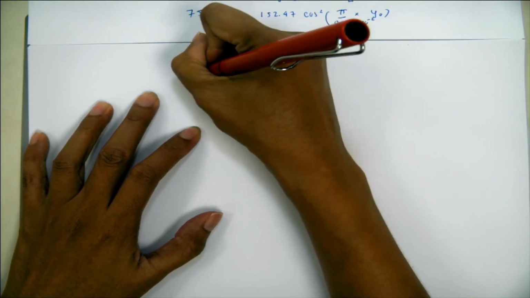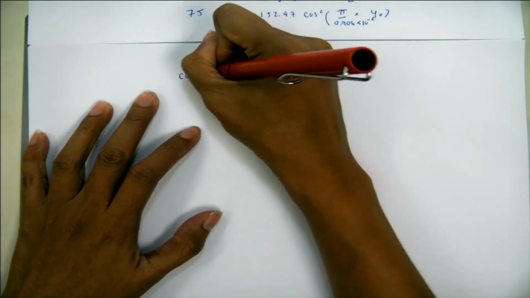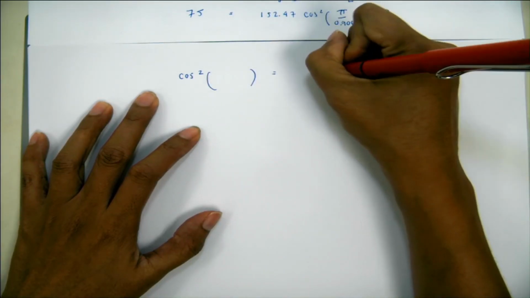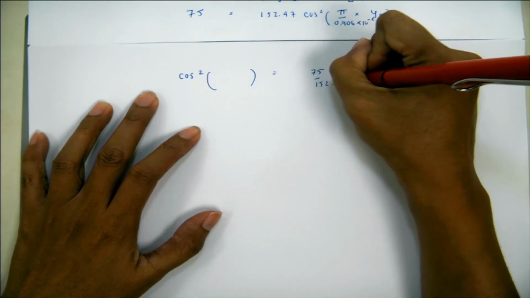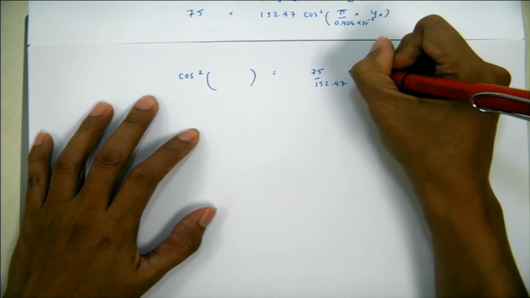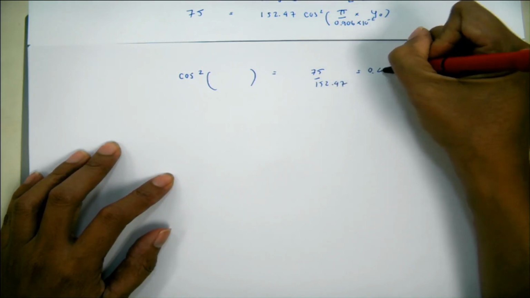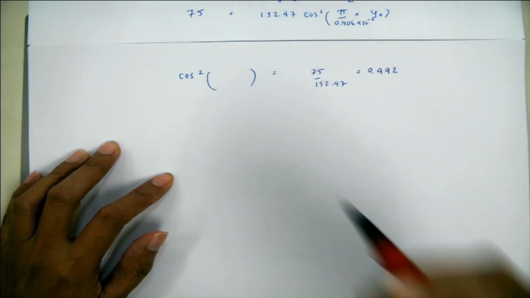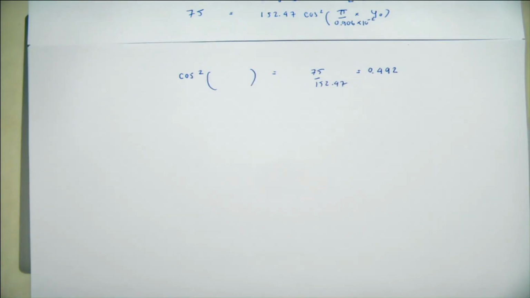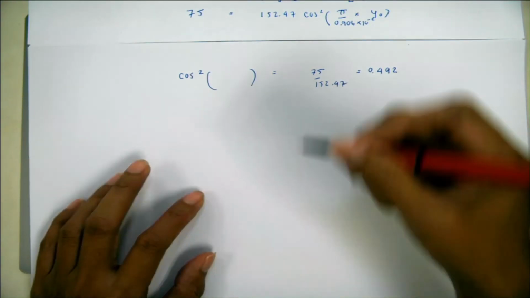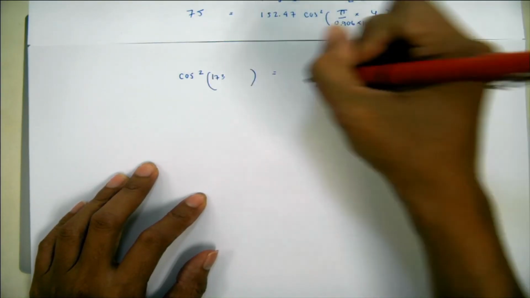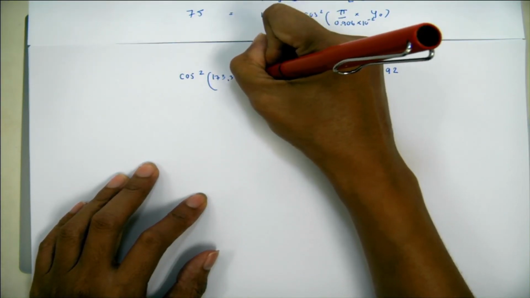So it becomes cosine square of the distance term equals 75 over 152.47. Let me solve both terms. This is 0.492 and this is 173.3819.